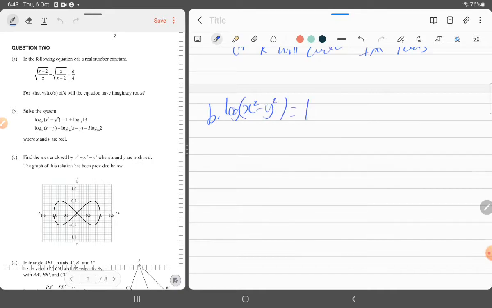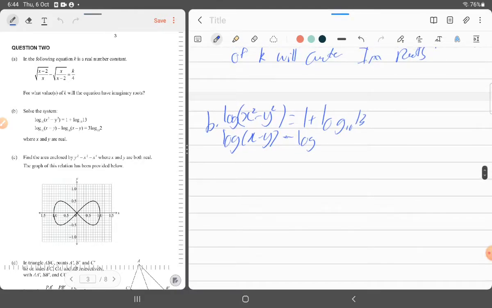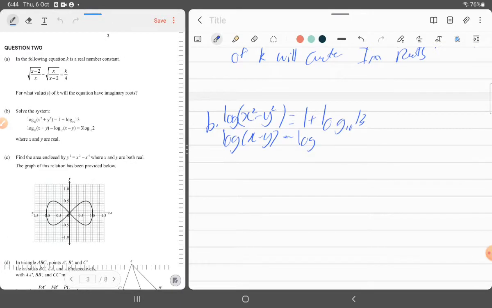It's equal to 1 plus log 13. Log x plus y take away log x take away y is equal to 3 log 2. Wait, is this both x take away y? No, okay, that says plus.